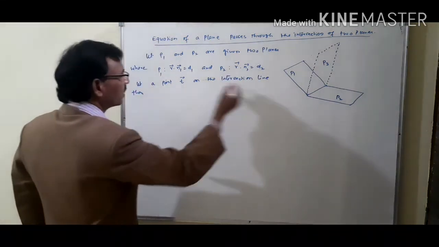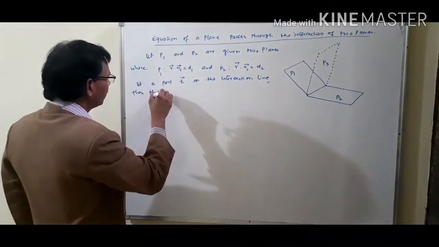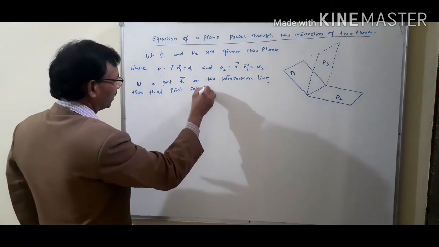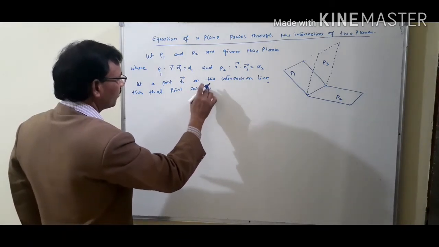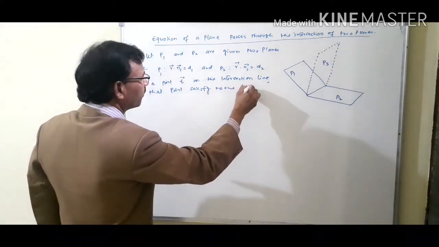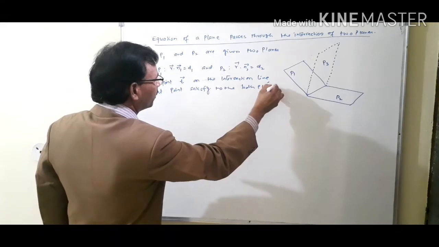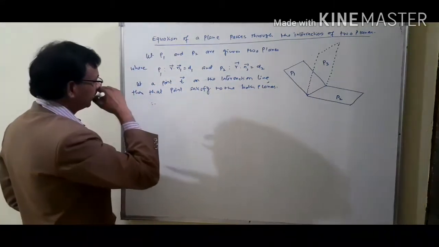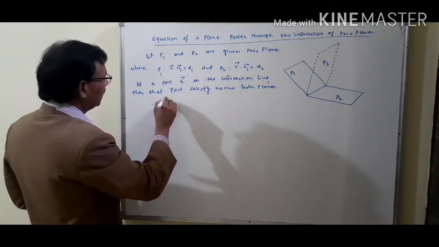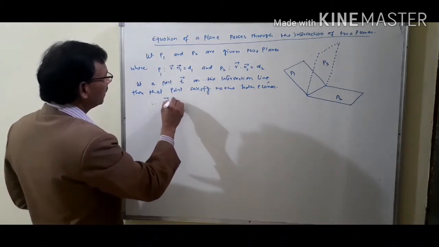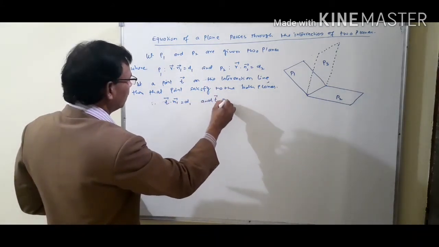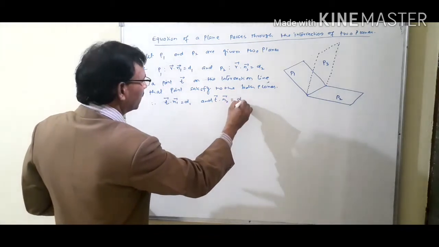Then that point satisfies both planes. Therefore, T dot n1 equal to d1 and T dot n2 equal to d2.